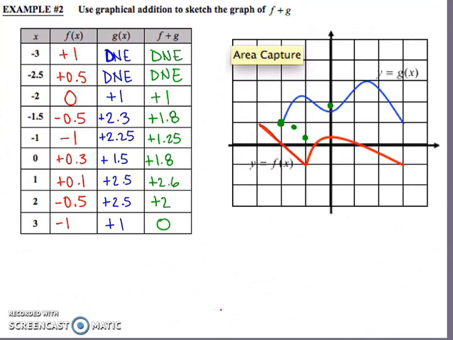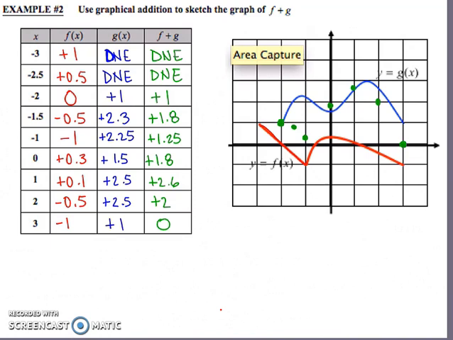When x is 1, we're going to be at 2.6, right there, a little above the blue line. When x is 2, we're going to be at 2. And when x is 3, we are going to be at 0.